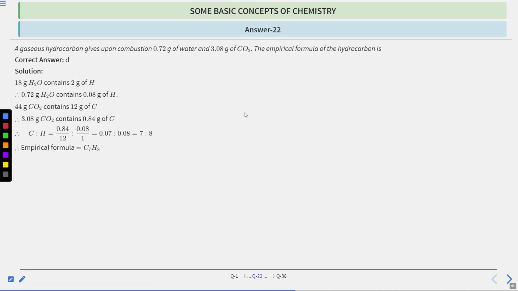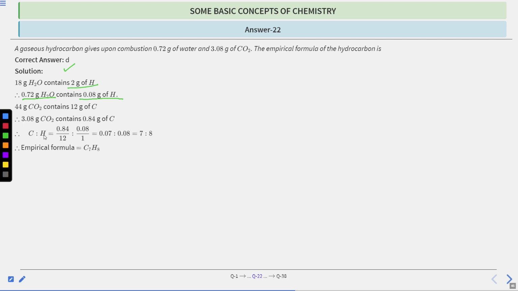Okay, so the correct option will be option D. How? 18 gram of H2O contains 2 gram of hydrogen. Therefore, 0.72 gram of water contains 0.08 gram of hydrogen. Similarly, 44 gram of CO2 contains 12 gram of carbon. Therefore, 3.08 gram of CO2 contains 0.84 gram of carbon.